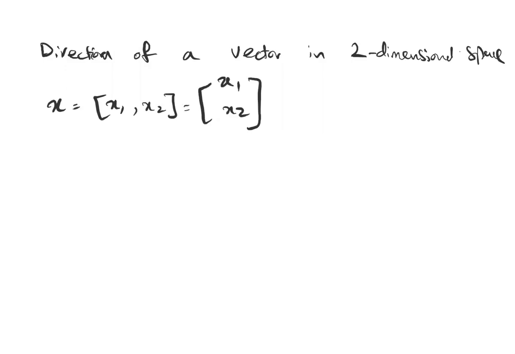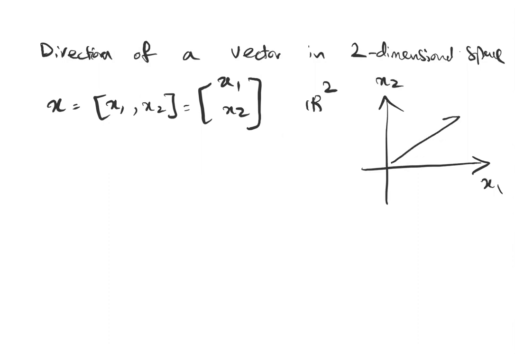The direction of this vector in R2 is going to be the angle that this vector creates with the x1 axis. If I want to show it geometrically, it is x1, x sub 2. This is our vector.